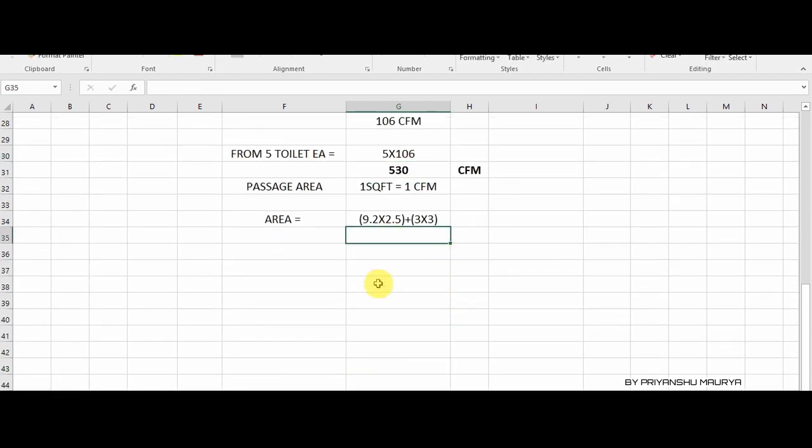Let's find out the area. If you want to calculate in Excel sheet, first use the equal command: 9.2 into 2.5, plus open bracket, 3 into 3, close the bracket. So it becomes 32 square meter.